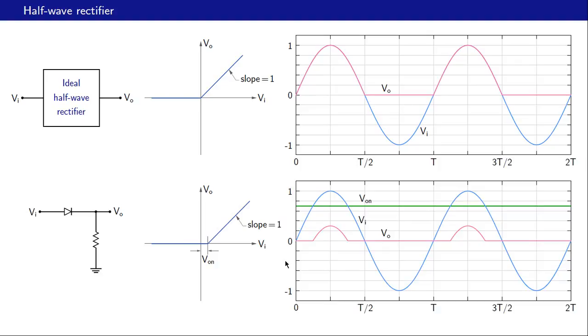For example, here this is our input voltage, this is our V on, the voltage drop across the diode when it conducts, and now conduction is possible only if Vi exceeds V on. So up to this point no conduction is possible, Vo is 0, and then the diode starts conducting, and then Vo is equal to Vi minus V on. So clearly this Vo is not what we would like, and therefore we need an improved circuit.